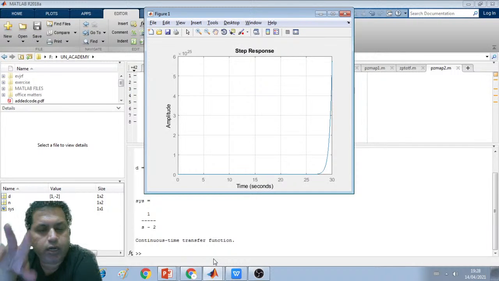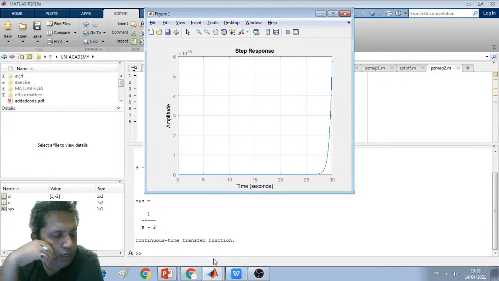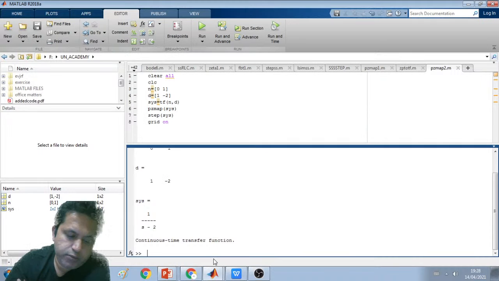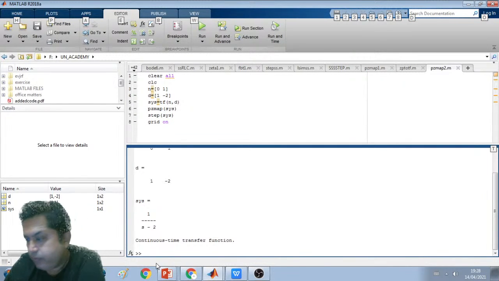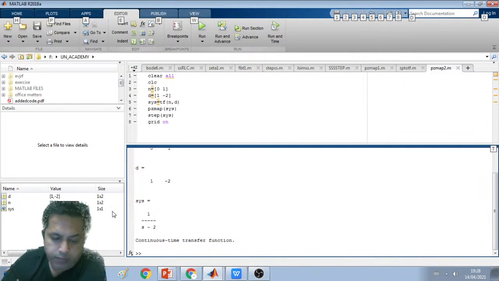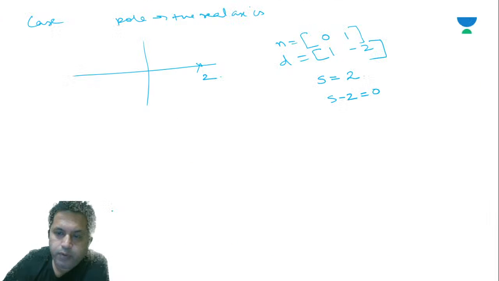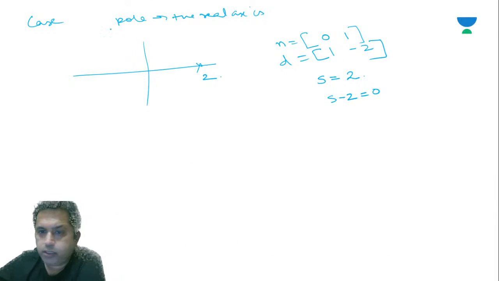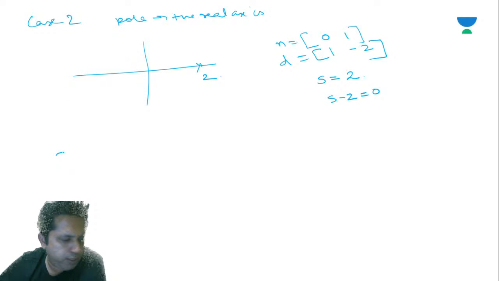Here I am plotting a transfer function. So this is the case. Case 3, pole at origin.